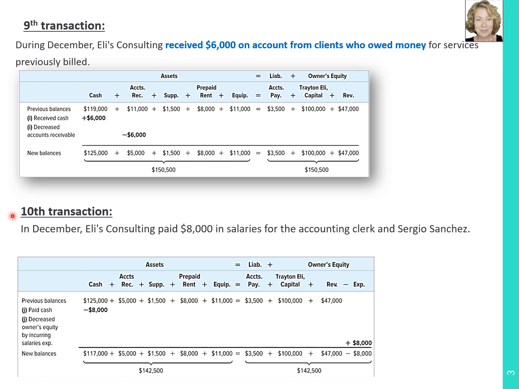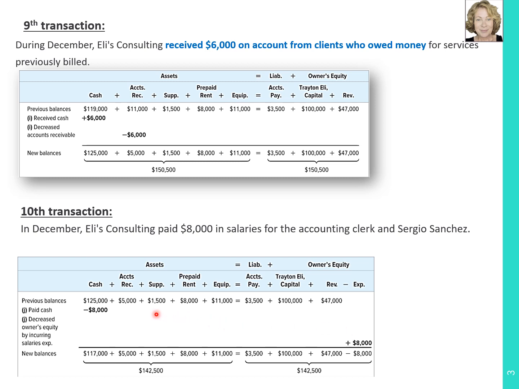For the 10th transaction, we're going to record the salaries that Eli's Consulting paid for the accounting clerk and Sergio Sanchez. In this case, the cash decreased because Eli's Consulting issued payments to the employees, and we now have more salary expenses.